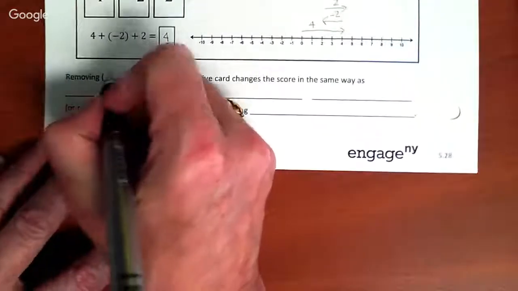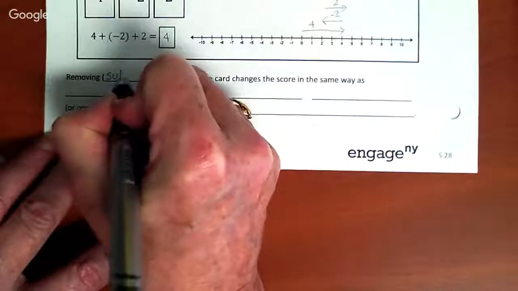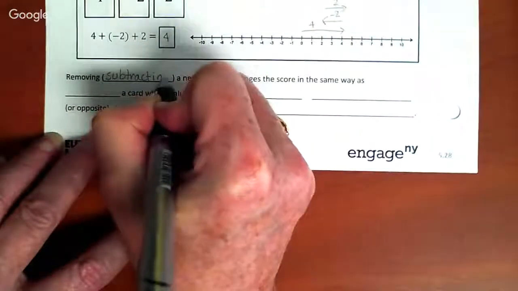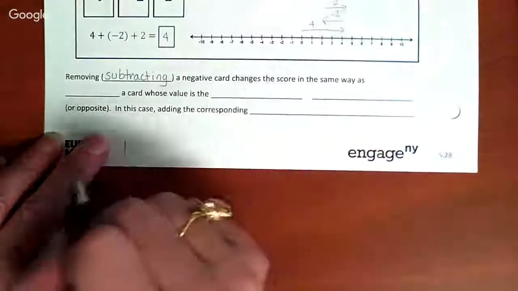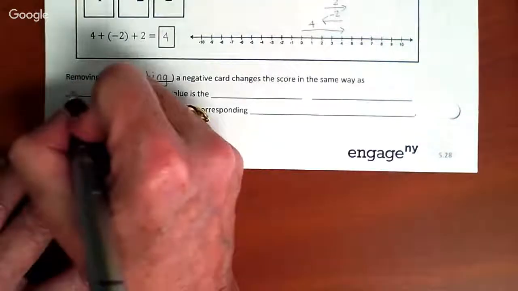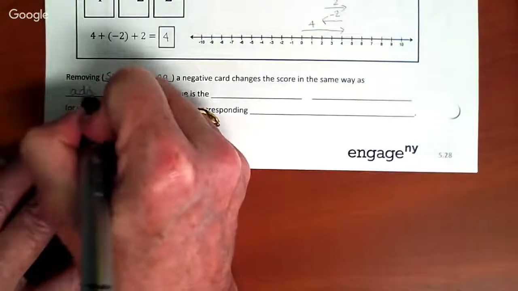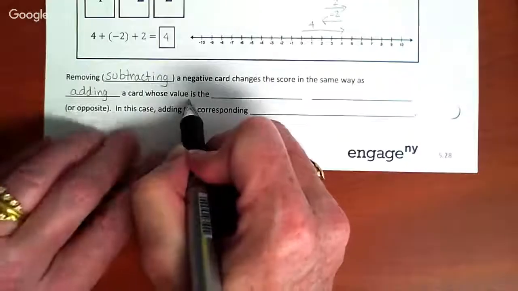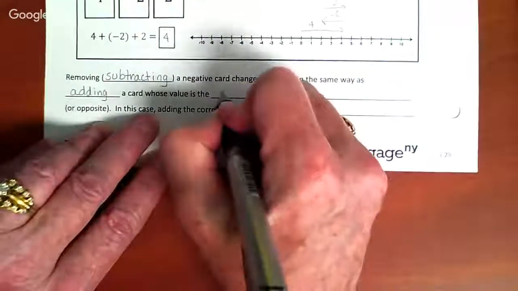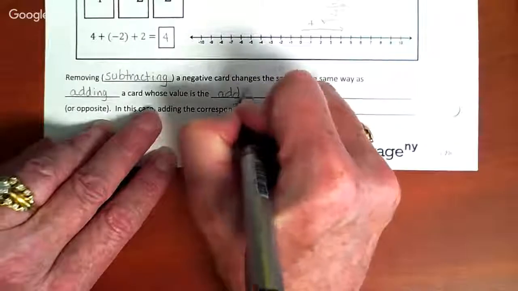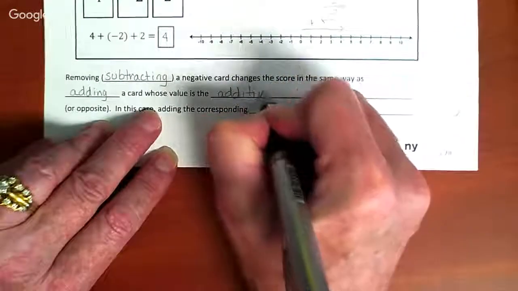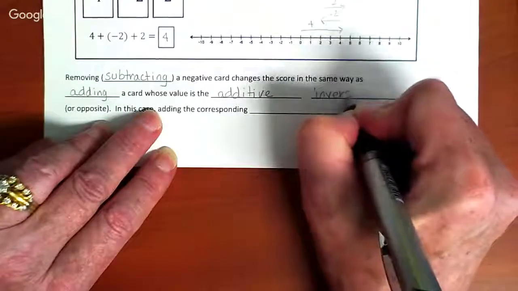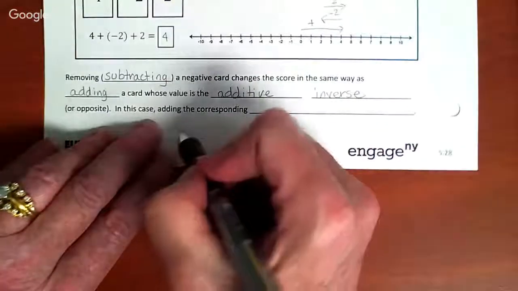So removing or subtracting again, a negative card changes the score in the same way as adding a card whose value is the additive inverse, or opposite.